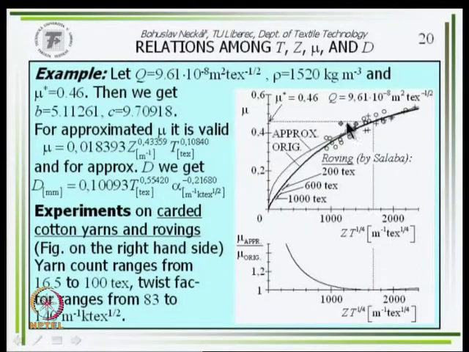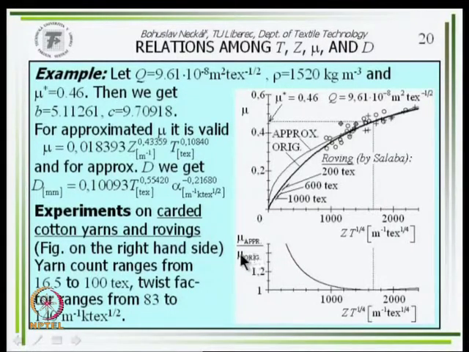The approximation equation, when you use the characteristic value mu star, when you choose this for yarn, is not possible to use for rowings, and opposite. How is it with the relation of packing density?